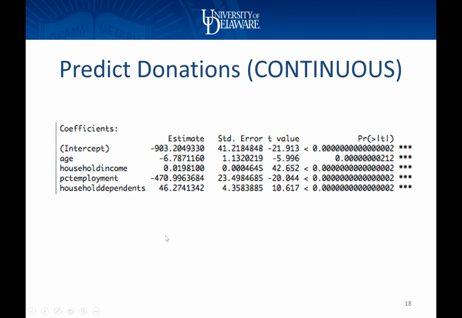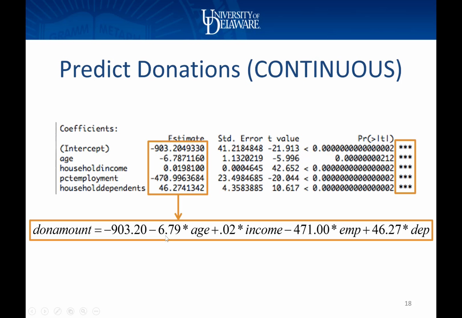In our linear regression for predicting donations, we would find the following coefficients. All of them are significant, and we can write the donation amount as a function of the intercept and various coefficients times their predictor variables. One thing I noticed right away is that the intercept is negative.